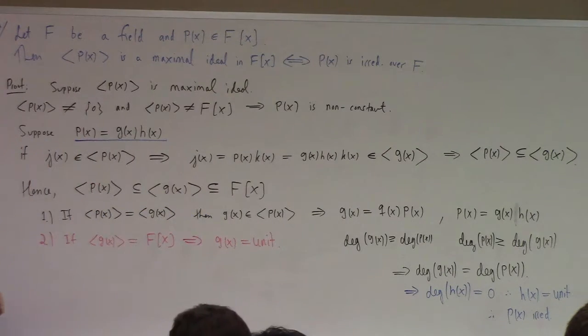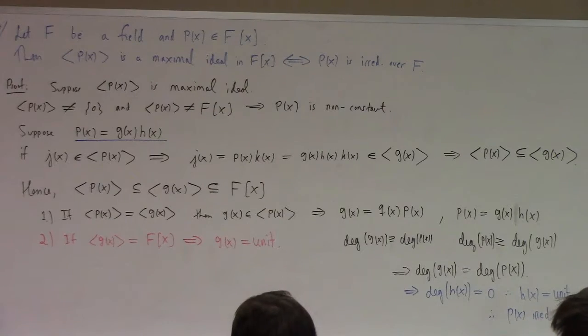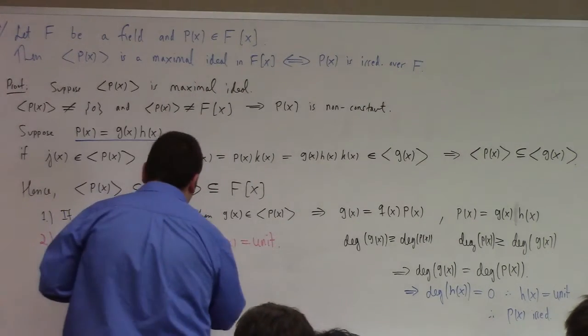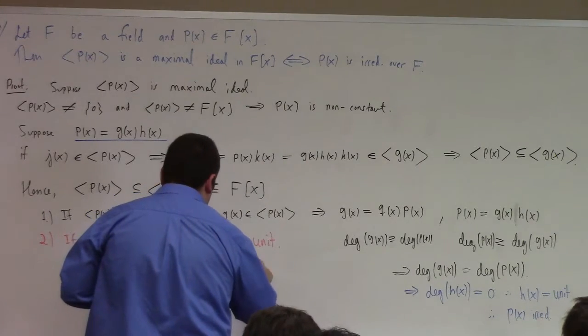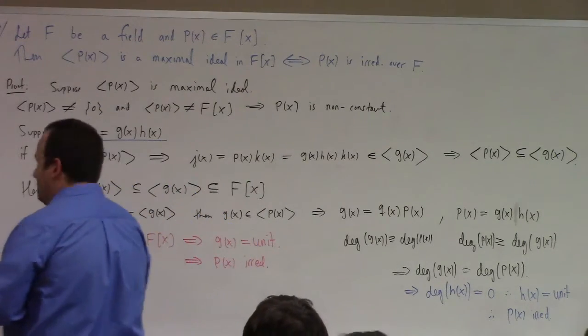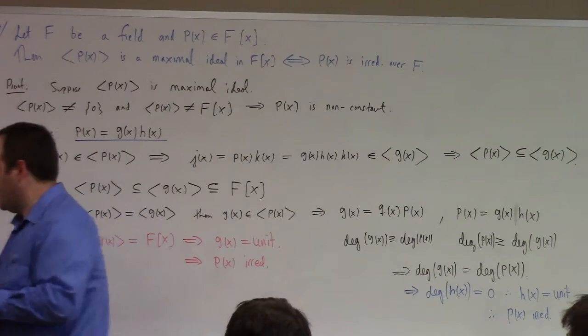It's the only way you can generate all polynomials, is to have a unit there. I have more details in the type notes there, and there you go. Again, if that's a unit, that implies p(x) is irreducible. Whoa.